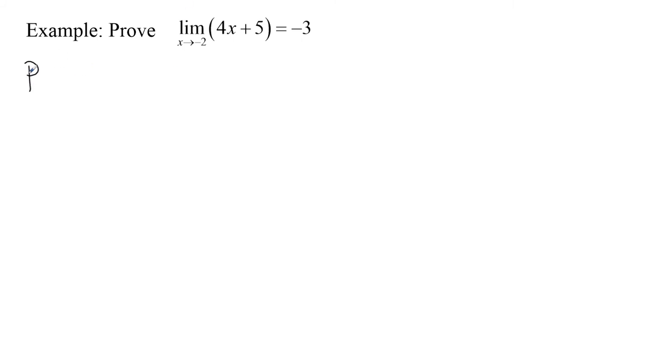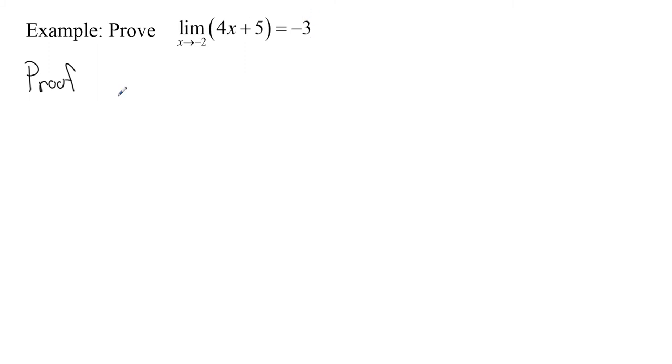So here's my proof. I want to prove that the limit as x goes to -2 of 4x plus 5 is equal to -3. If you graph it, this is a linear equation that has a slope of 4 and a y-intercept of 5, so it's pretty steep. If I go to -2, I get -3 there, so it seems reasonable.